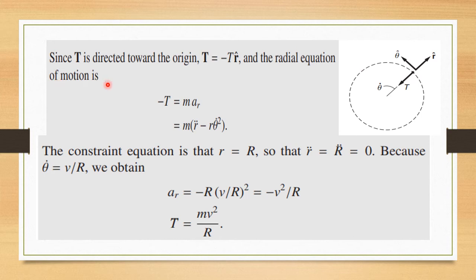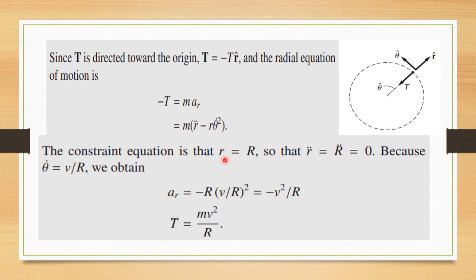So the radial equation of motion: we know the equation of motion, F is equal to ma. Likewise in this case we can write the radial equation of motion as the force, minus T, equal to m into a r, where a r is the radial acceleration. Now we are finding out what a r is.